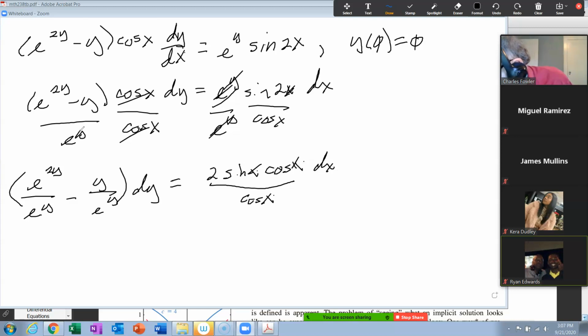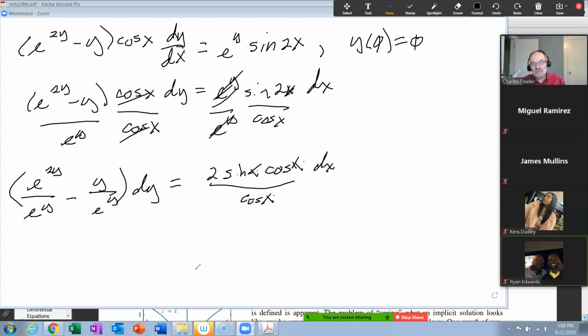Let me get water and see if that'll help. Okay, now e to the 2y over e to the y, anytime you have same bases, different exponents, and you're dividing, keep the base, subtract the exponents.